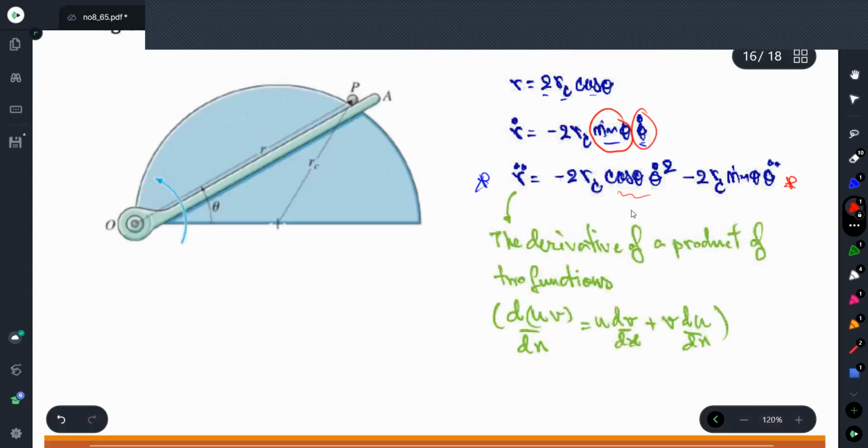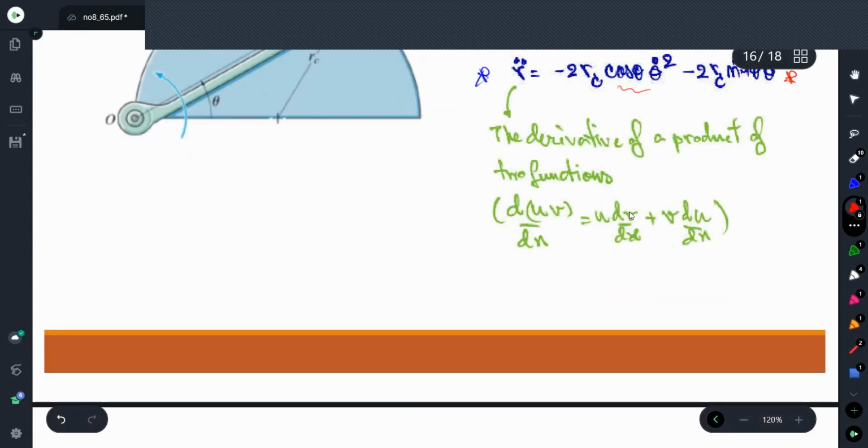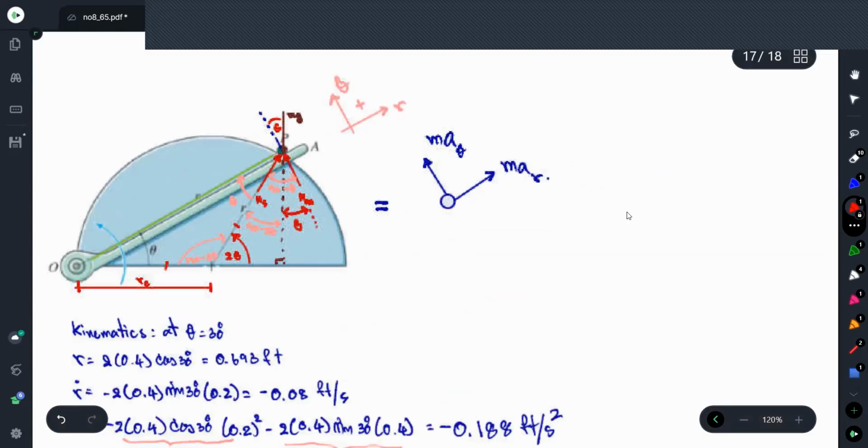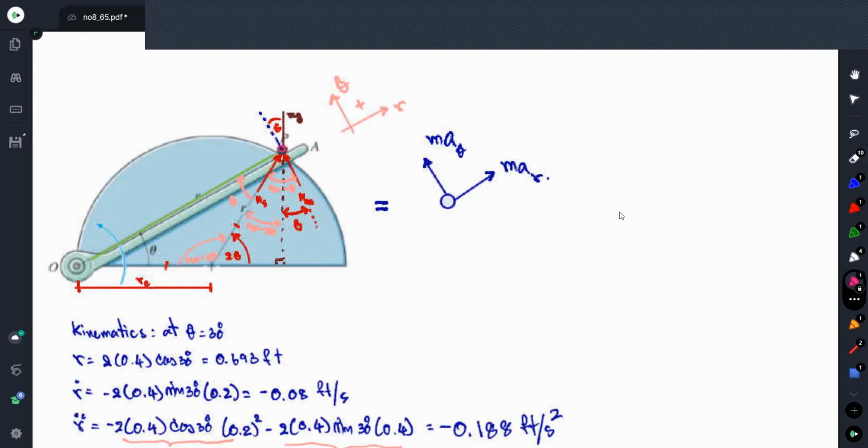Now we have the r dot and r double dot formulas, and we have to consider the free body diagram here. For this problem, I give you additional pictures for the free body diagram. We have the ball here, and we have two contact surfaces.